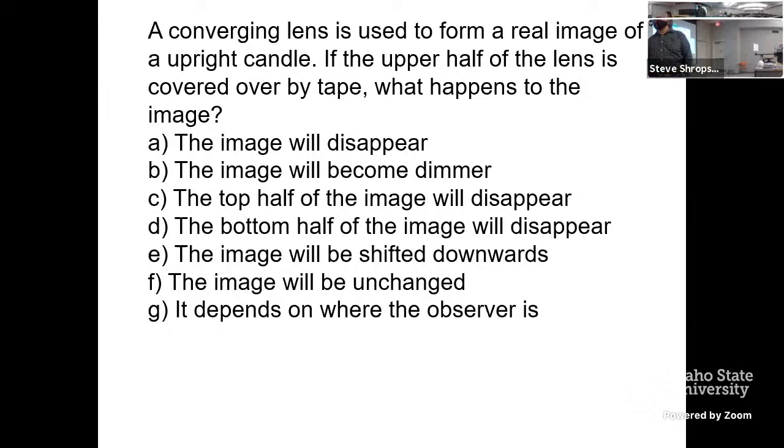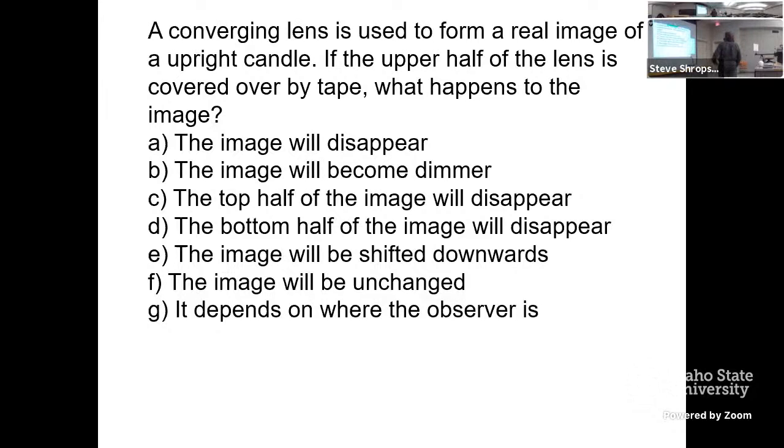I chose C. I just drew a picture, like kind of how you've been showing us all along with the converging lens. And I tried to draw the lines how they would appear for the image to be right side up. And then I cut off half of the rays. And that's why I chose C. Okay, so drawing a ray diagram, it looks like the rays that are going to be blocked are the ones that would form the top half of the image, so that should disappear.